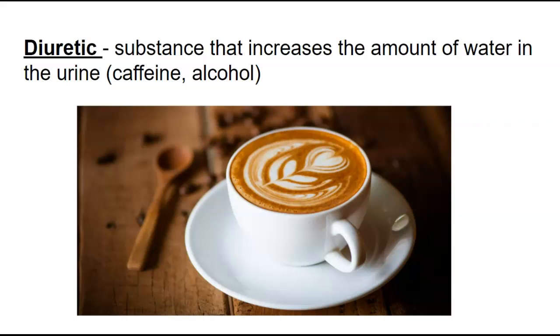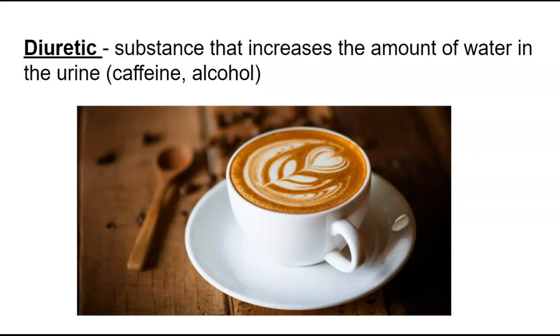People who are drinking lots of caffeine or lots of alcohol have to pee a lot, and because they're peeing a lot, they're getting rid of a lot of the water in their body. It's because their brain is telling them, oh my gosh, we have to get rid of all this water, but their brain is sending a kind of messed up signal, and your body doesn't actually need to get rid of that water.